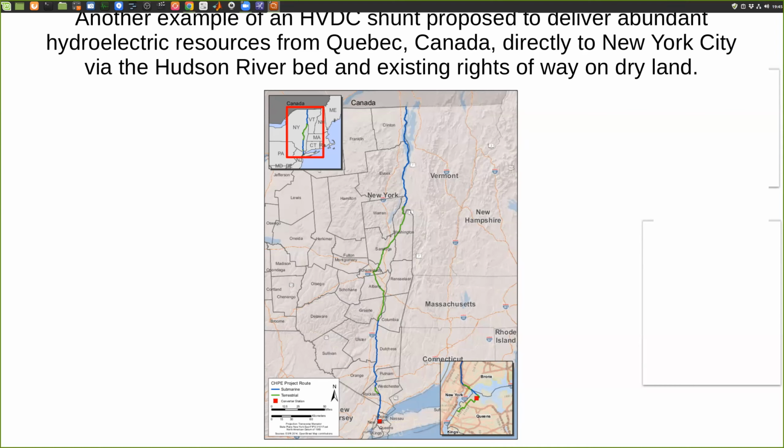New York State has one utility that covers the whole state, and they would be the ones that have a need to buy power from Canada and deliver it to New York City. So it's state as opposed to getting federal help. There may be federal help. I'm really not sure. Okay.